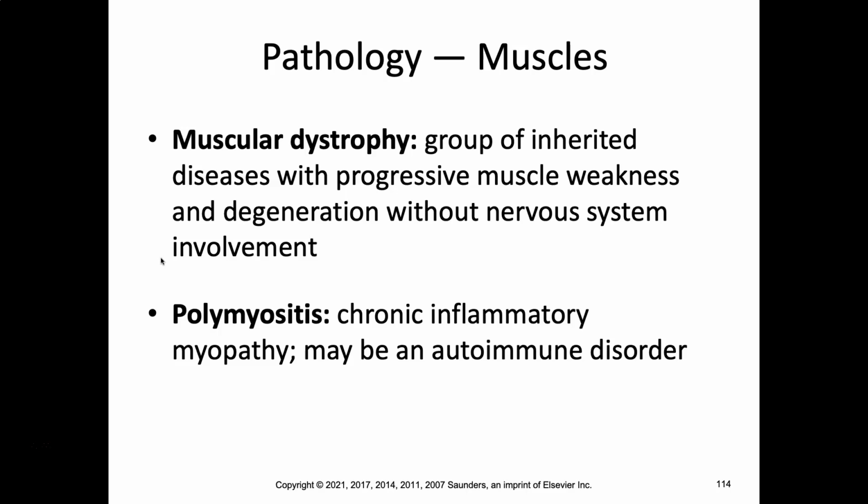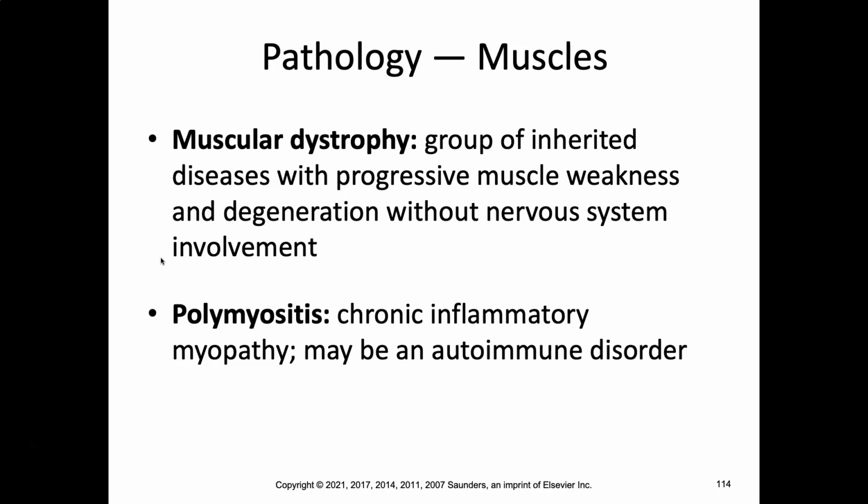And as you notice, it's inherited. These are hereditary. These are genetic. This is not something that someone acquires after they're born. It's something they're born with. Something happened when their genes were lining up, and or maybe they had two dominant genes involved, one from each parent, and that's how this happened.